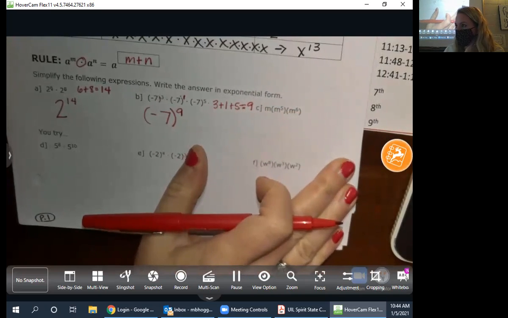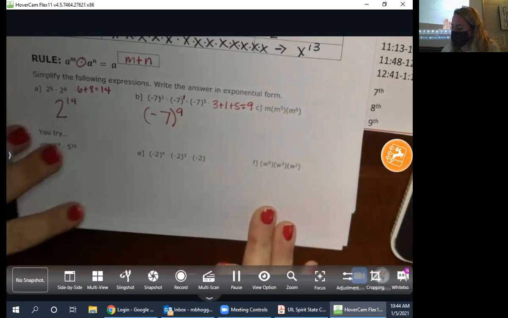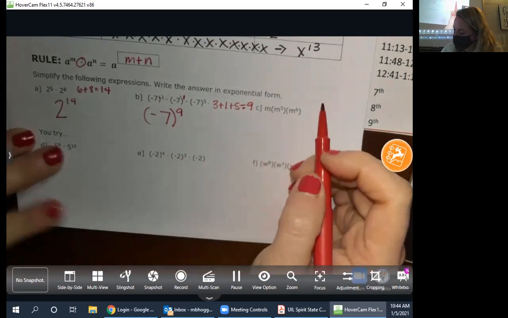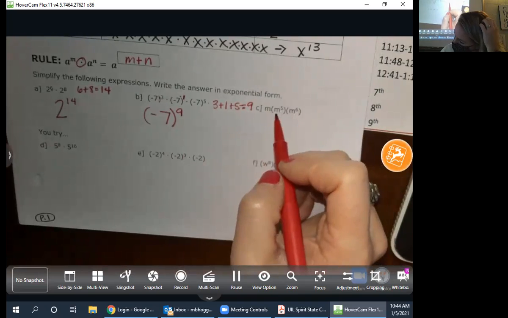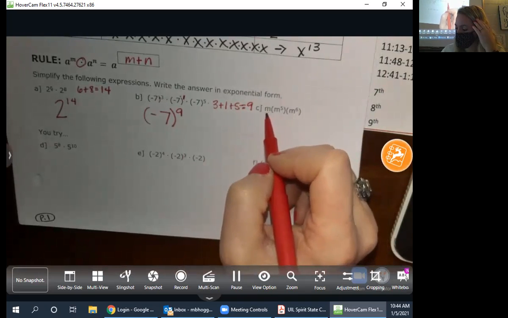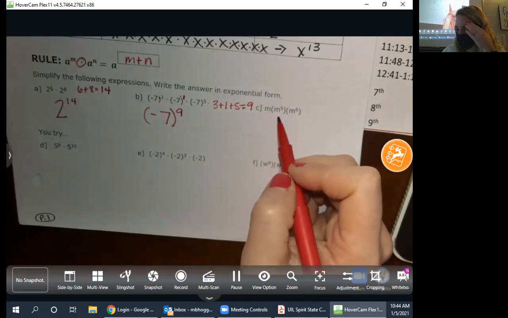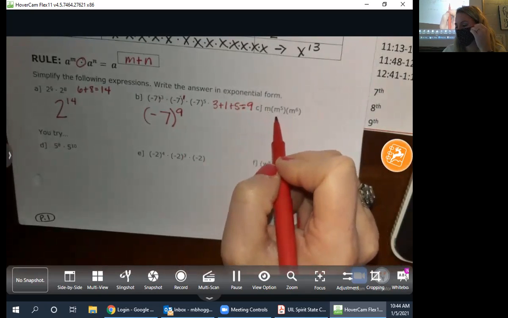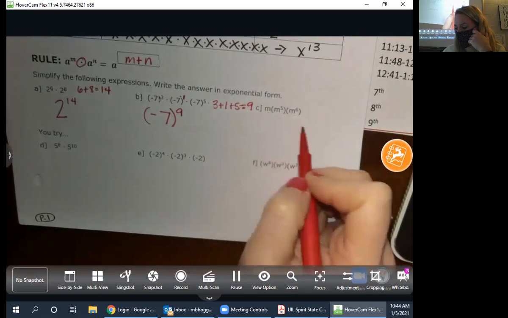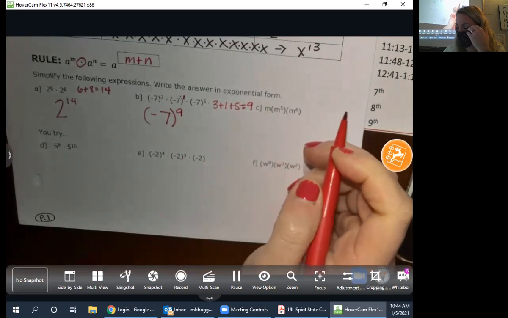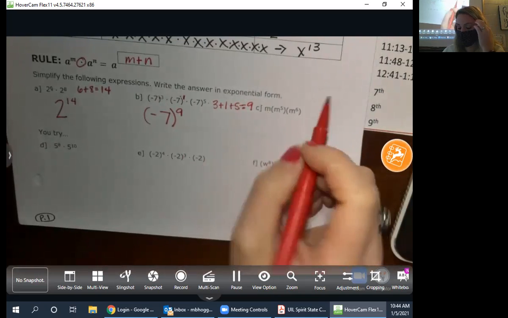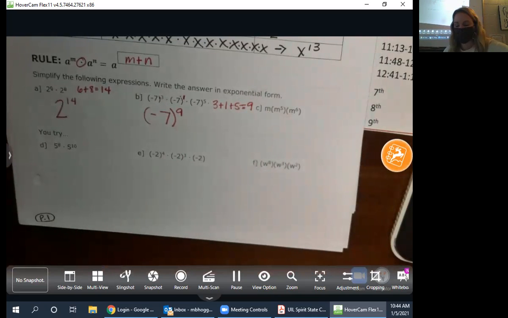Graham, you good? Okay. Look at C. Now, this one looks a little tricky at first because this M doesn't have a parenthesis around it. But really what these parentheses are telling us is they're just being multiplied together. That's one way to note multiplication.